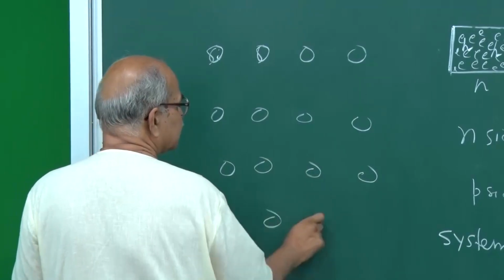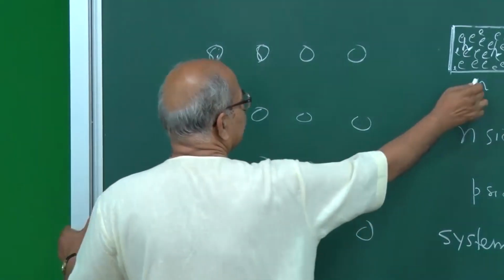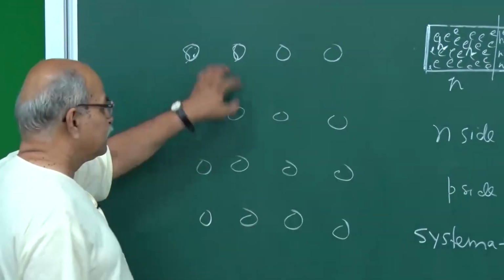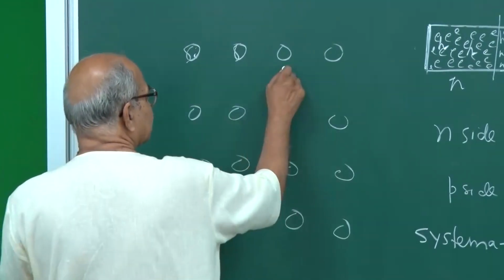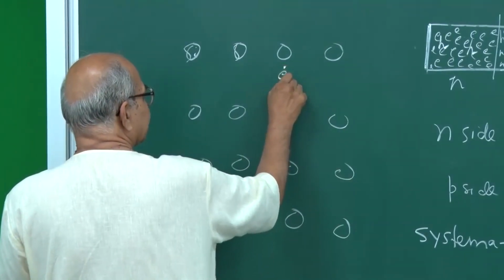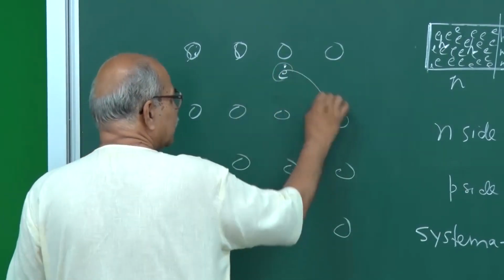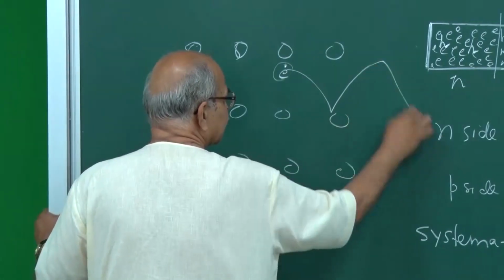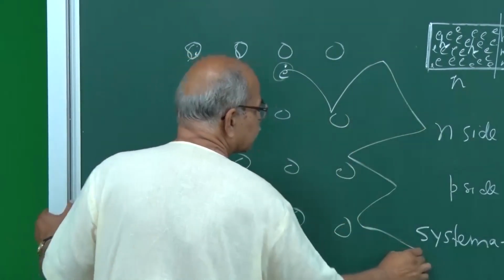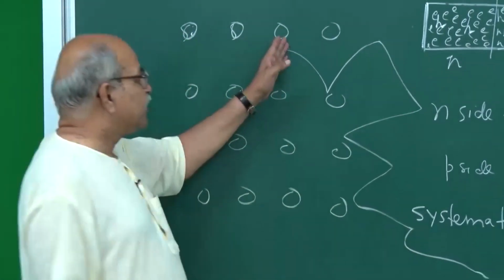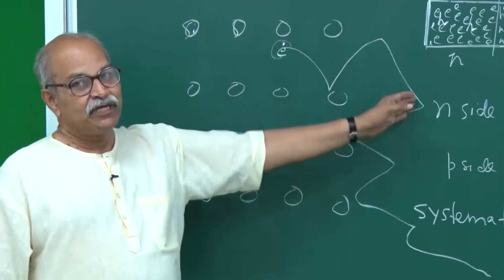Then at some places, if it is N type, you have put those impurities, and because of that you have those extra electrons which are in the conduction band, and they are going here to there to there. They are just going randomly, changing atom to atom, atom to atom, and so on.